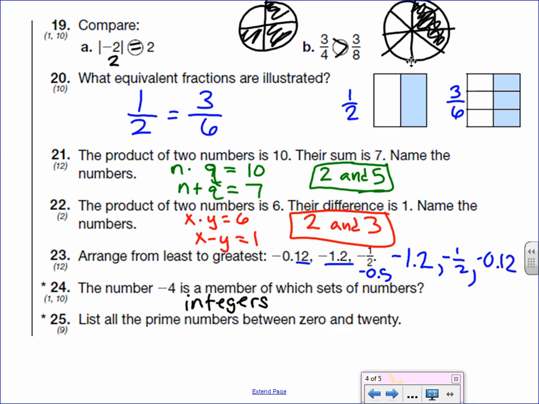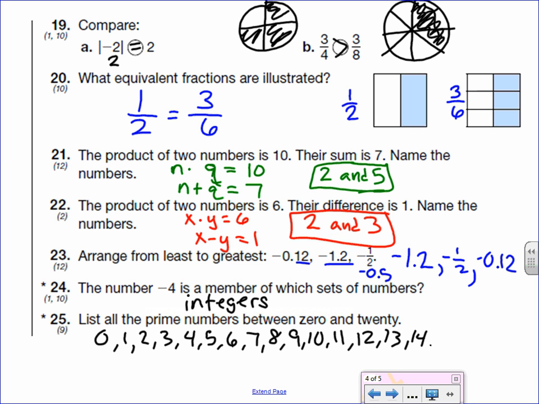List all prime numbers between 0 and 20. Well, the easiest way to do that is to list all of the numbers. So 0, 1, 2, 3, 4, 5, 6, 7, 8, 9, 10, 11, 12, 13, 14, 15, 16, 17, 18, 19, 20.